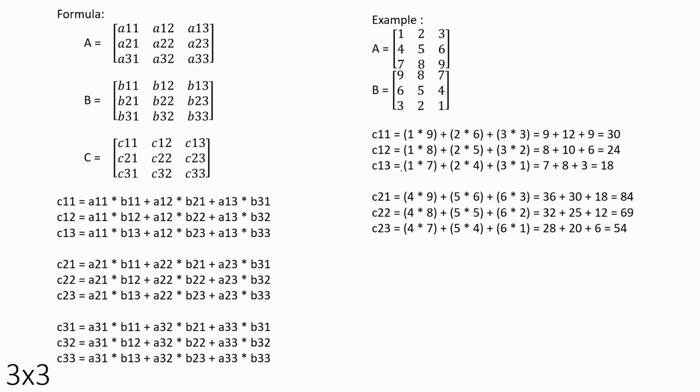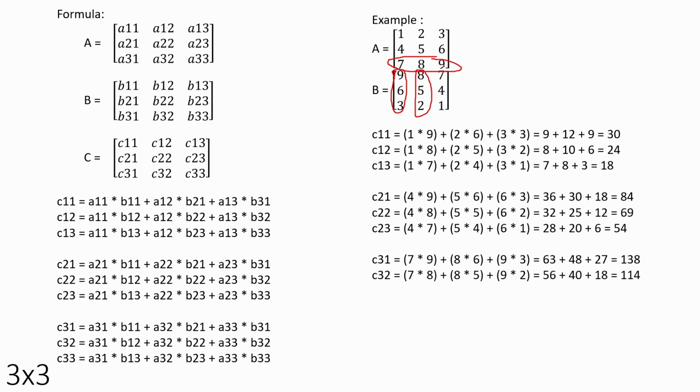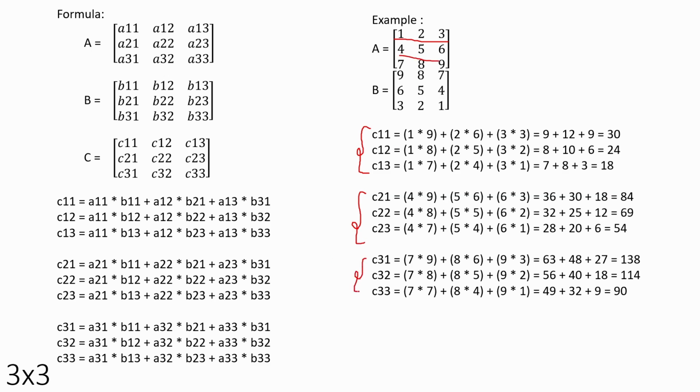Next, we move to the third row, and same columns of B, then same row of matrix A. So C11 until C13 is the first row of matrix A, and then this one is the second row of matrix A, and this one the third row of matrix A.